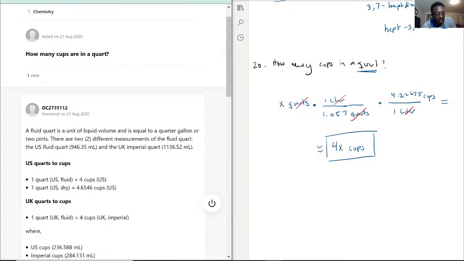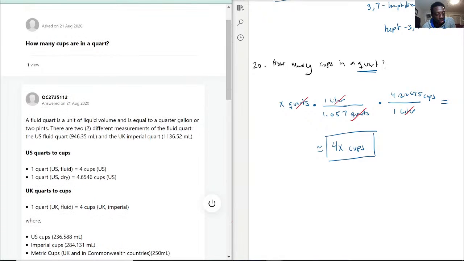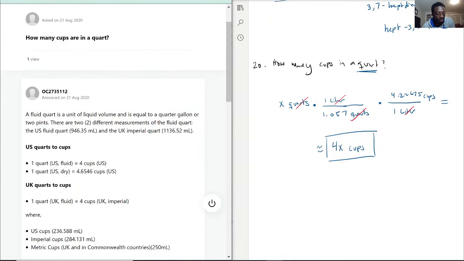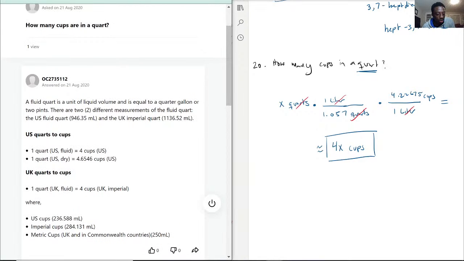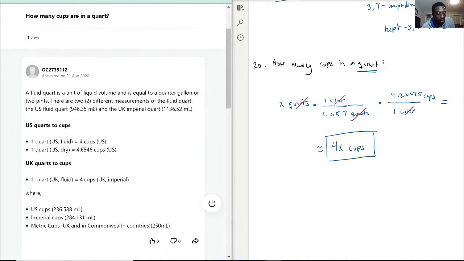A fluid quart, there's 2 different measurements in the US and the UK. It looks like we're using, oh, and there's dry and fluid. So 4 cups we definitely got for the fluid, and then there's all these different conversions of dry, and then the UK, 1 quart UK is 4 cups UK. So usually it's just a 1-to-4 ratio typically.